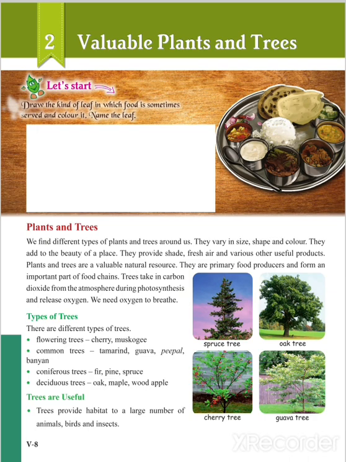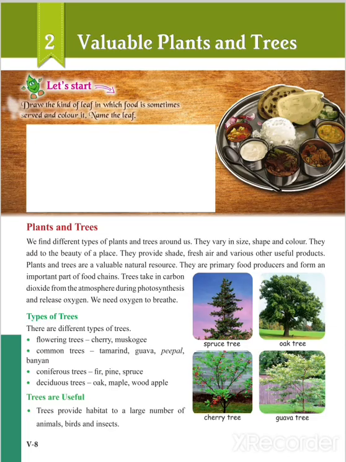If the trees were not there, there would be no oxygen and no balance of carbon dioxide in the atmosphere. So trees are useful in many ways for human beings as well as many animals and birds with small insects.